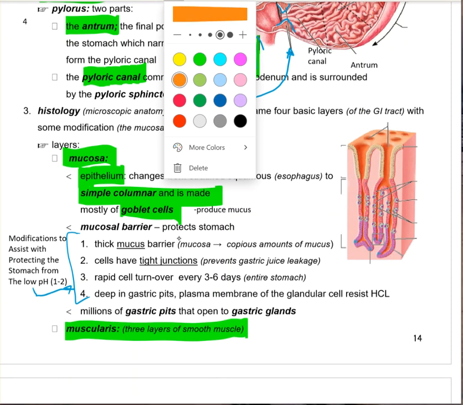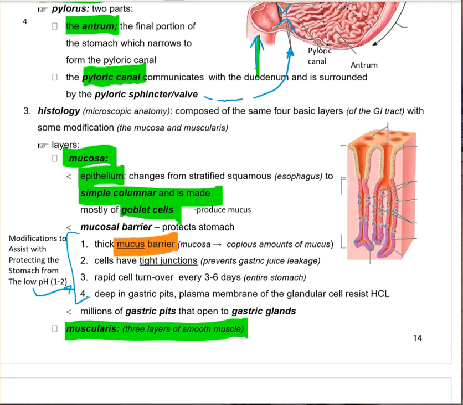The first is a thick mucus barrier. The more mucus, the more protection the cells below will have. The second thing is tight junctions. We do not want any leakage of this hydrochloric acid into cells in farther, deeper layers of the stomach.